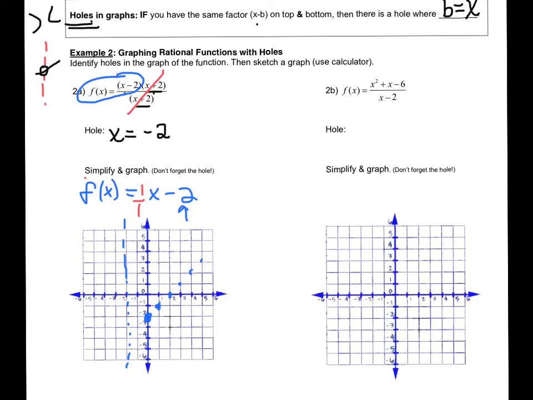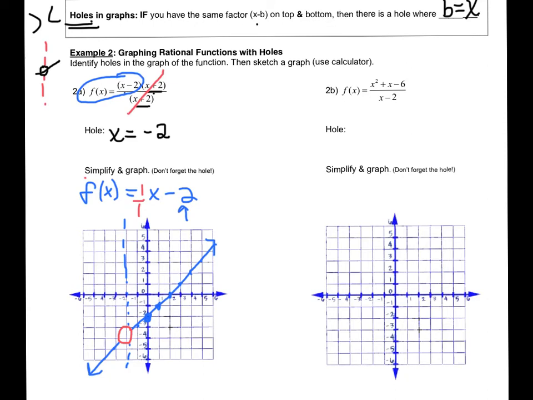And I'm going to keep plotting some dots and then connect them with a line. So that line just went right through that asymptote. So what we're going to do is go to where it crosses the asymptote, which is right here. And instead of letting it cross there, we're going to put a circle there to show that it's not supposed to be at that point because that's where the function is undefined.